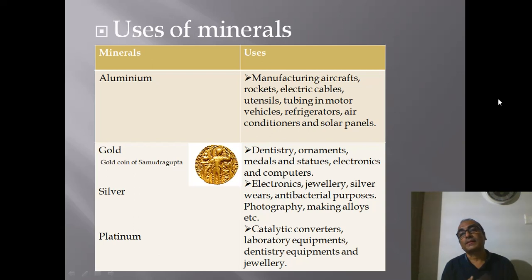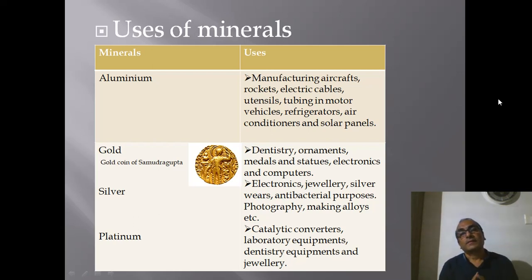Gold coins were used in India during the period of Samudragupta. As you can see on the screen, there's one gold coin which has appeared there.